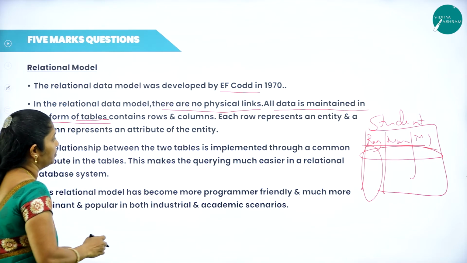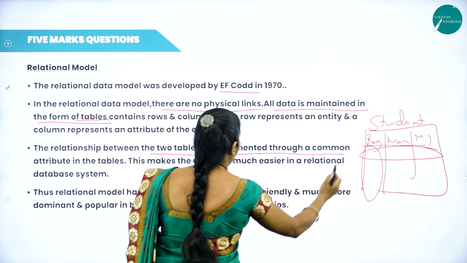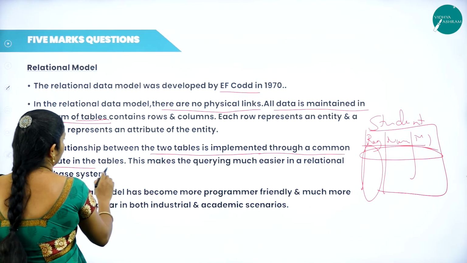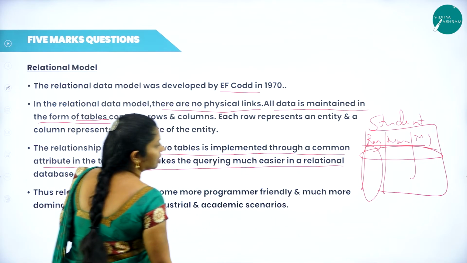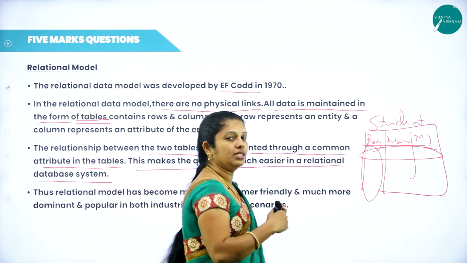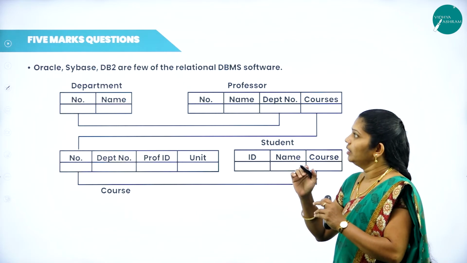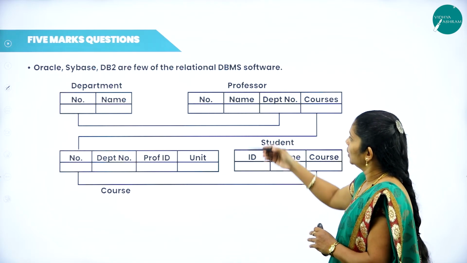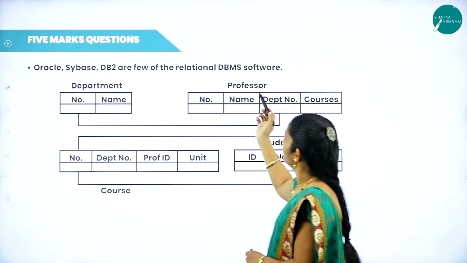The relationship between two tables is implemented through a common attribute in the tables. This makes querying and searching easier in a relational database system. This mainly represents all the data in the format of a table structure. If you observe here, we have all the data, for example, department number and name, professor.